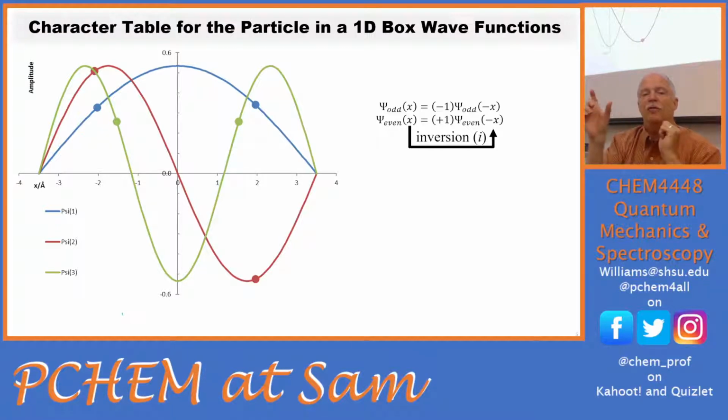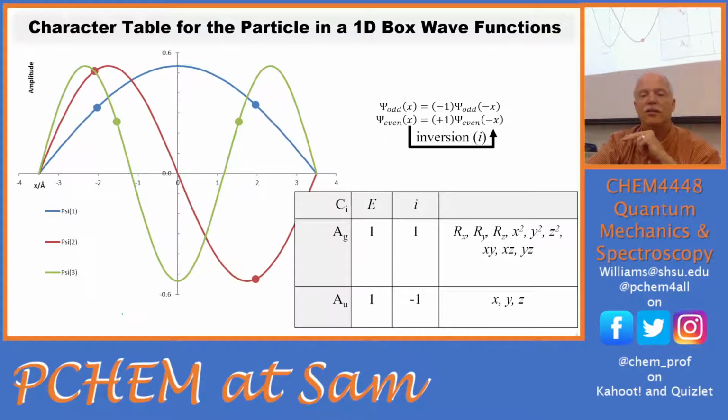So we can invert that axis where the positive x goes to negative x. Since there's nothing off the axis, we can't do rotation because it's not defined, and we can't do any reflections because those are not defined. But we could do an inversion. So the only two elements our particle in a box can have are inversion and identity.